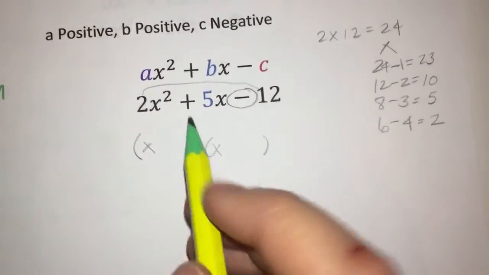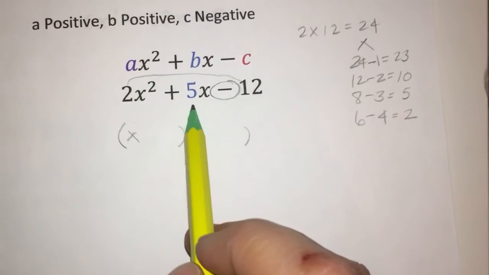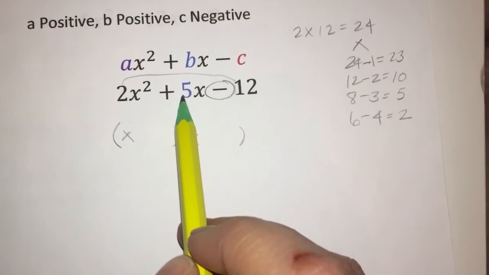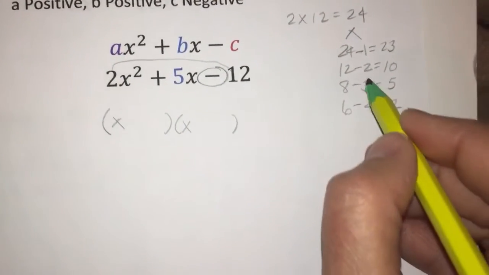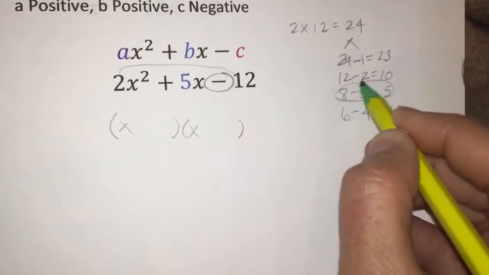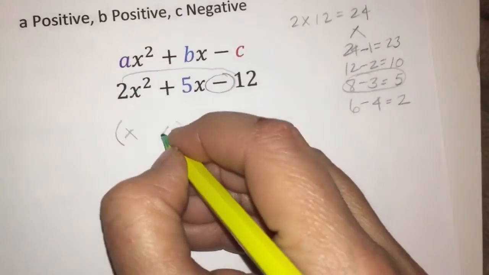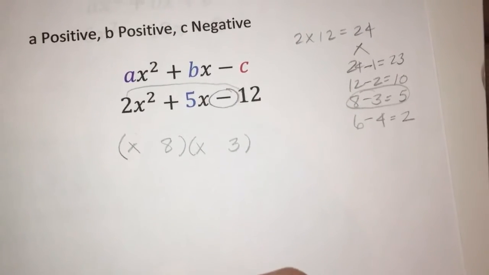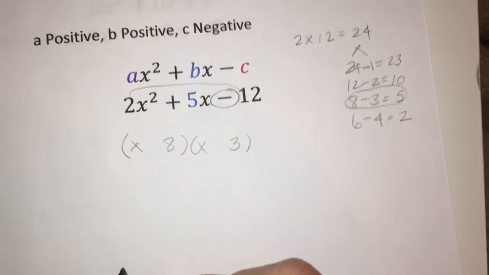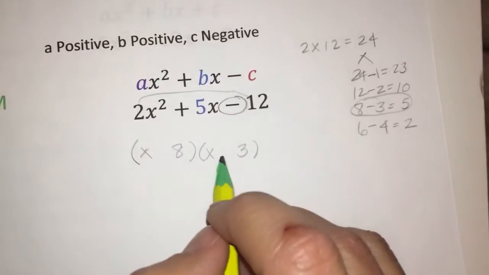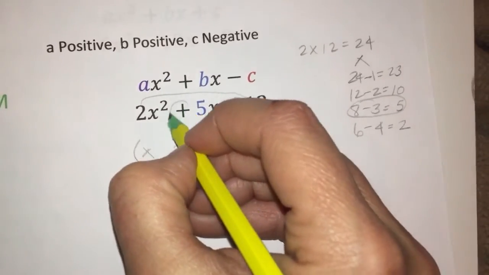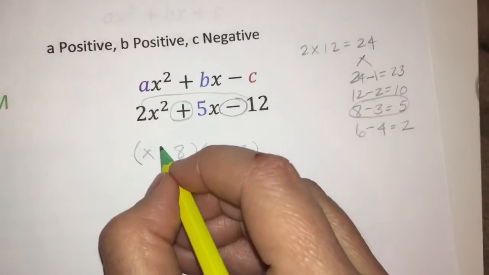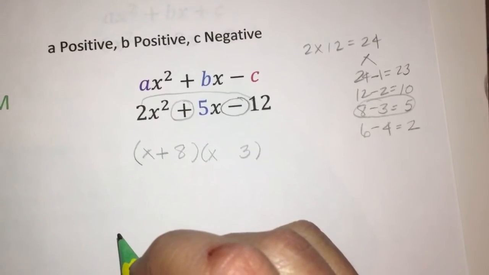So I'm looking for factors that give me 5. Our B term is 5. So if I look over here, that's right there, 8 and 3. So 8 and 3 are going to give me 5. To find out which signs I'm going to use, remember the sign of the B term is always the sign of the largest factor.